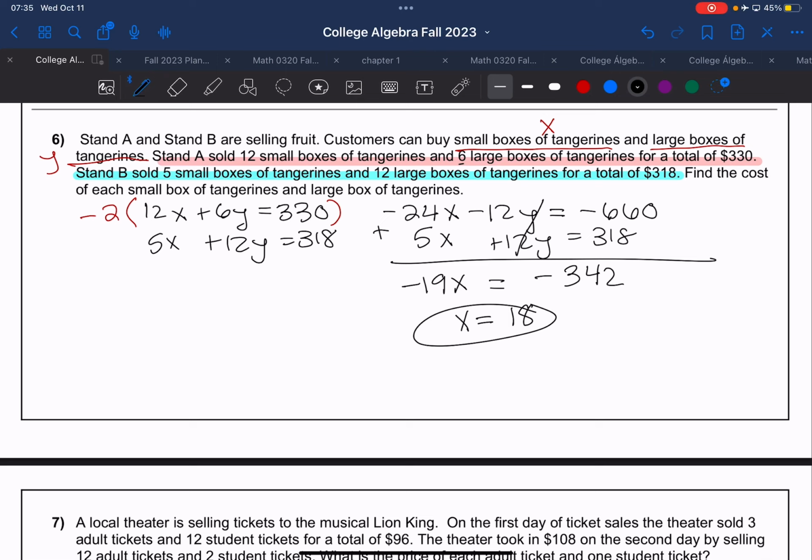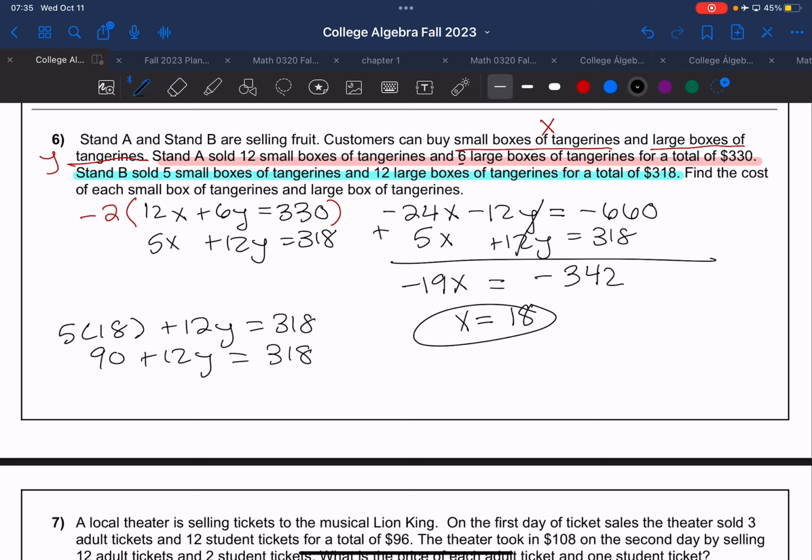Good, plug it in. Which one do you want to plug it into? Because it doesn't matter. The bottom, okay, so 5 times 18 plus 12y is equal to 318. 5 times 18 is 90. 90 plus 12y is equal to 318.